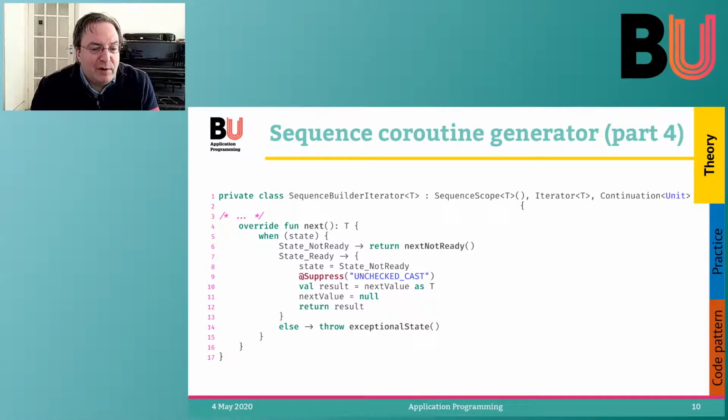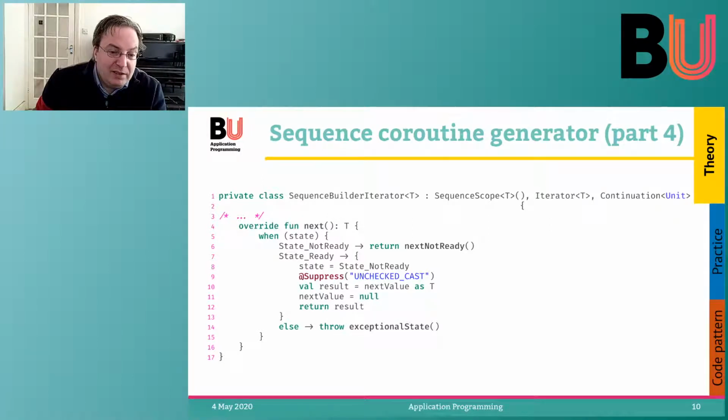When we have the next function, we have here this next not ready function that would call hasNext. That is when we have this state, we return that, and hasNext should call next not ready. So when we have the actual state, when we are ready, we update the state to no longer ready, because we are going to have this value invalidated.